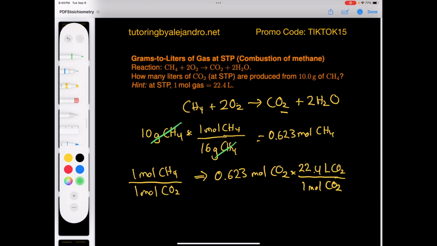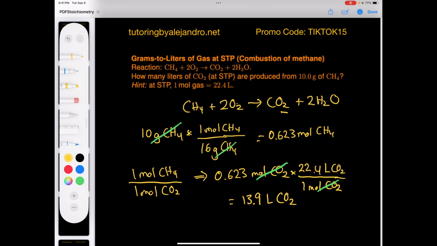Okay, now we can cancel out the moles, right? And that leaves me with units of liters. So 0.623 times 22.4 gives me 13.9 liters of CO2. So about 14 liters of CO2 are produced from 10 grams of methane.